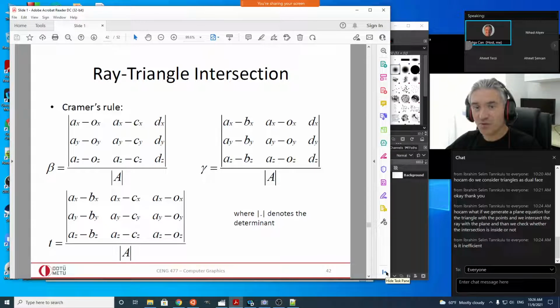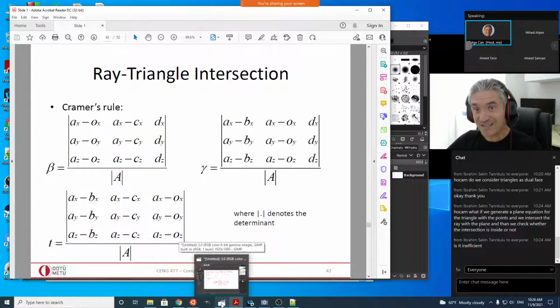It's much more intuitive to do the intersection, but there are those vector algebraic things: in order to get the plane equation, you first have to compute the cross products, then intersect the plane equation with the ray equation, and then check the final thing, because your ray may intersect the plane of the triangle, but it doesn't mean that it intersects with the triangle. So I was just mentioning two cases where our ray doesn't intersect the triangle, right?